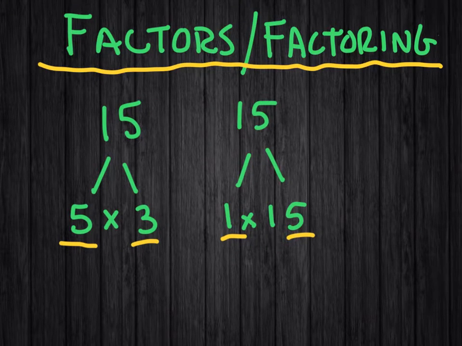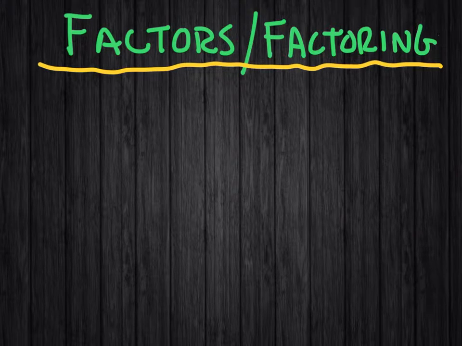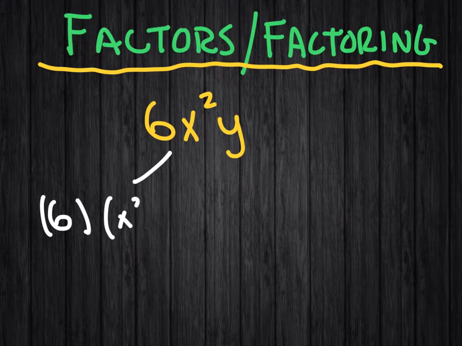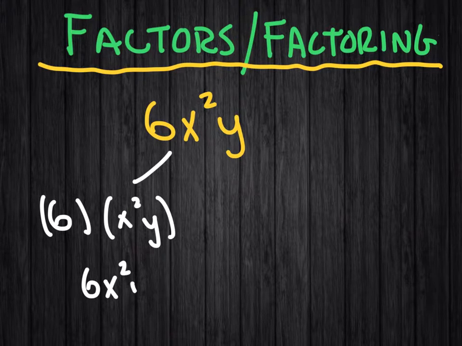But what is a little more interesting is what happens if I say 6x squared y was the item and not the number 12 or 48, and we say, what are its factors? Now, what are its factors really means how can I divide this into two things that multiply to that? So it might be 6 times x squared y. Together, if you multiply those, you get 6x squared y. So this would be a factor, and this would be a factor.